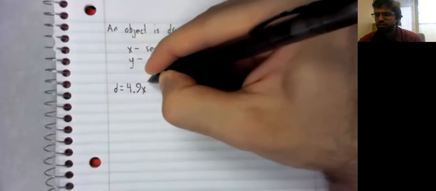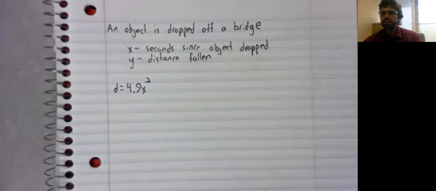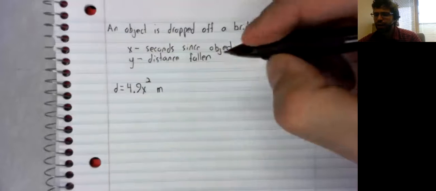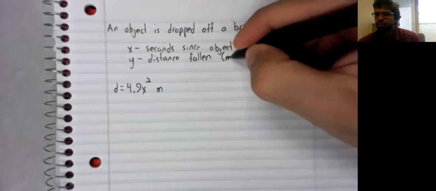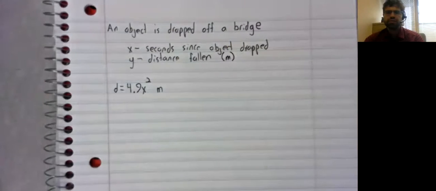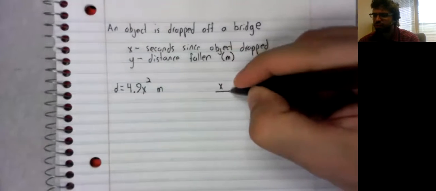The distance an object falls after X seconds is 4.9x squared. Our units here are meters. And this is if you neglect air resistance.